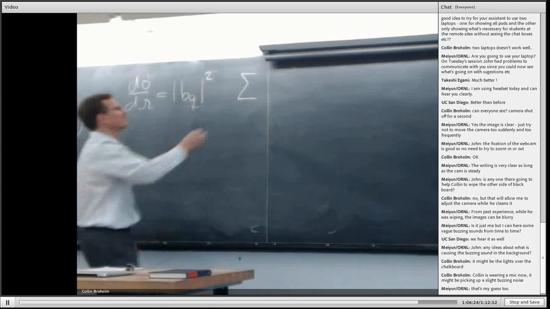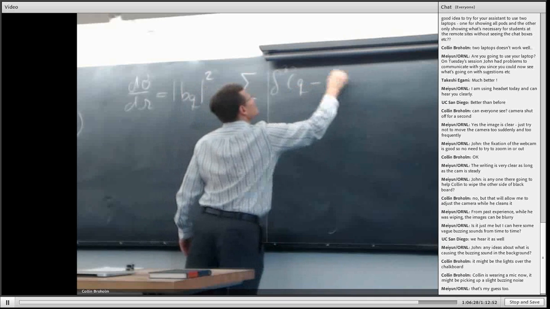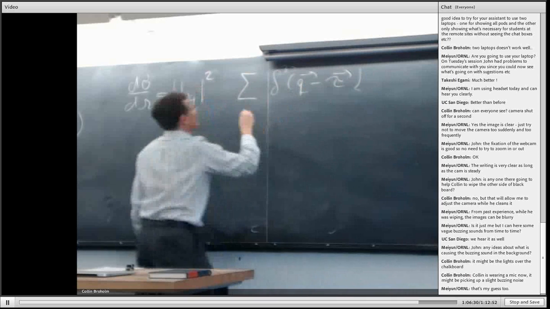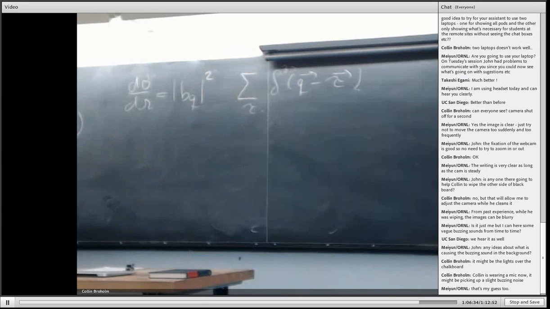So that's what a Dirac delta function looks like, Q minus tau, and it's a summation over all of those reciprocal lattice vectors which are spanned by A star, B star, and C star.